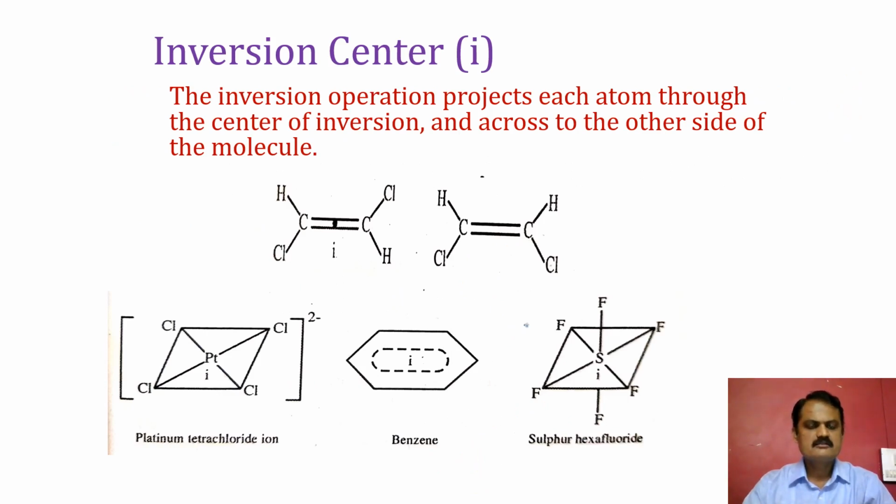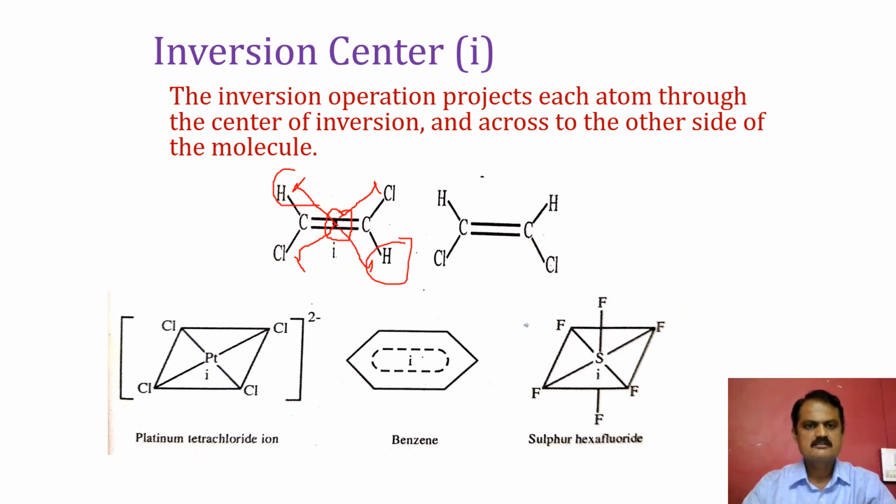Here again we can consider one, the trans dichloroethylene, and this is the cis dichloroethylene. Here is our inversion center point, the imaginary point. When you draw an imaginary line on one side we get Cl, and in the opposite direction again we get a Cl atom; or in another way we get an H atom, and in the other direction again an H atom.